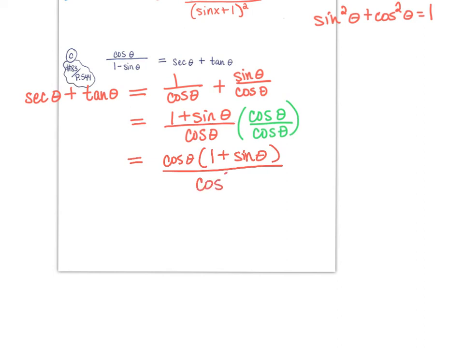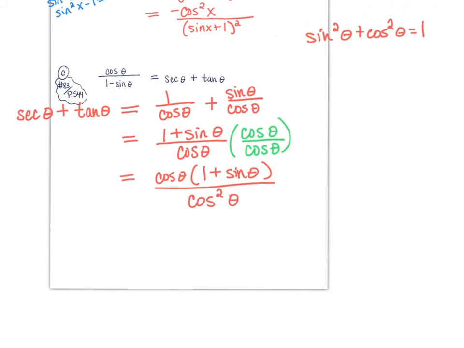Good. But wait a second. You know that with this identity here, you have a cosine squared theta. So what can we do here with this identity? Solve for cosine squared theta. Good.